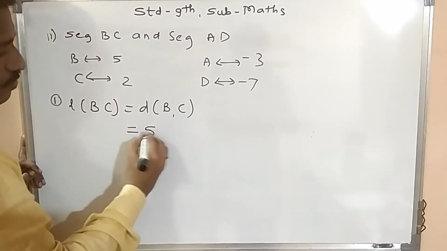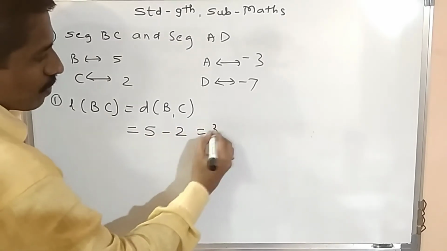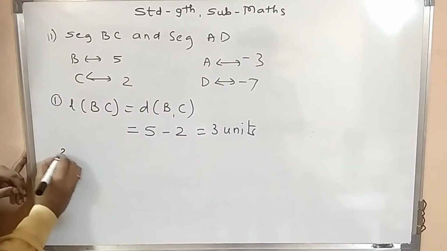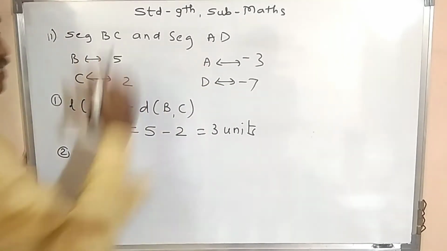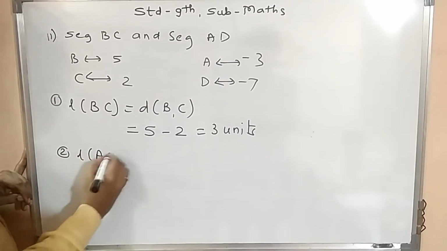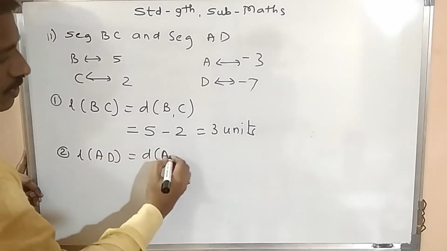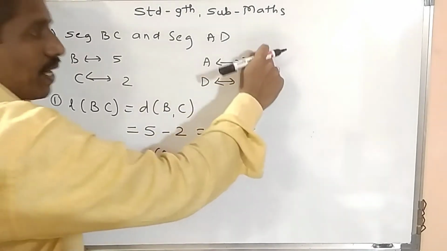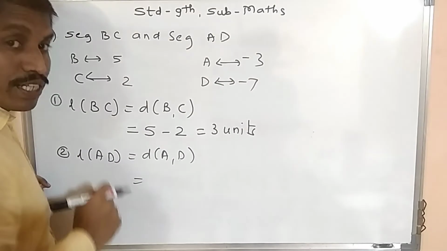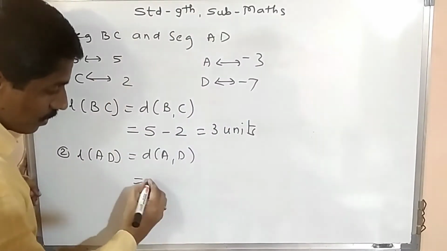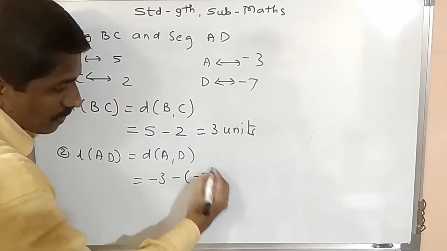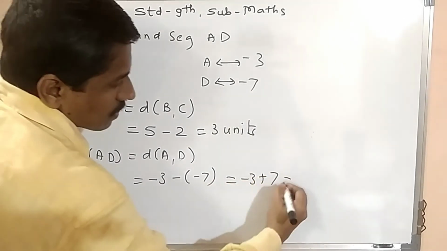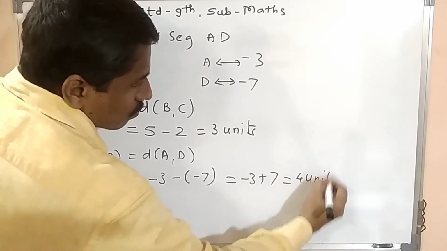Here the greater coordinate is 5, the smaller coordinate is 3. 5 minus 3, how much is length BC? 2 units. Now I find AD. Length AD is equal to distance AD, that is greater coordinate minus smaller coordinate. From -3 and -7, which one is greater? -3 is the greater coordinate minus -7, the smaller coordinate, that is nothing but -3 plus 7, that is 4 units.